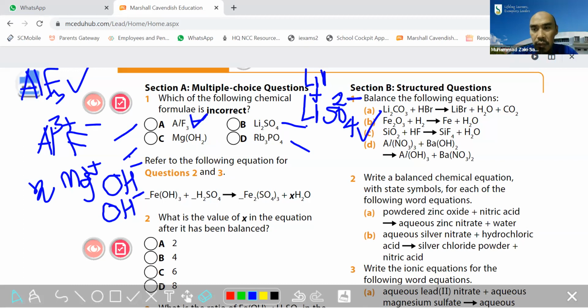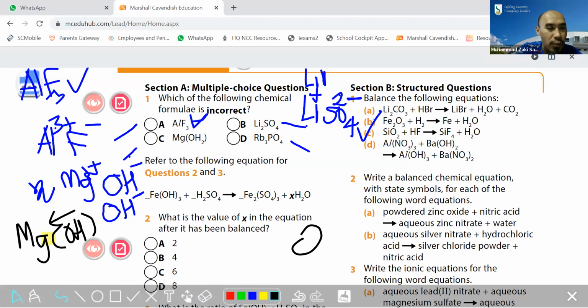Oh, sorry, yes, correct. So actually this one should be Mg(OH)2, with the bracket around OH and the 2 outside.